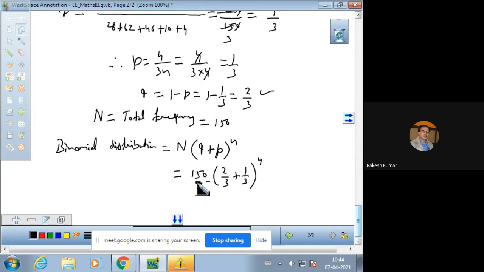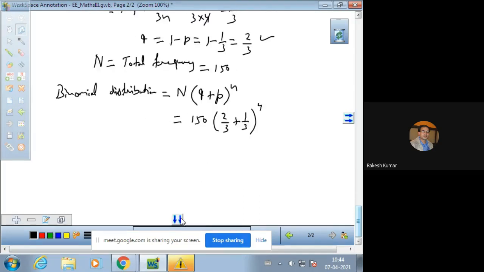So this is the required binomial distribution, and with the help of this, we will be able to find out the calculated frequencies, and calculated frequencies are capital N, probability x is equal to R.